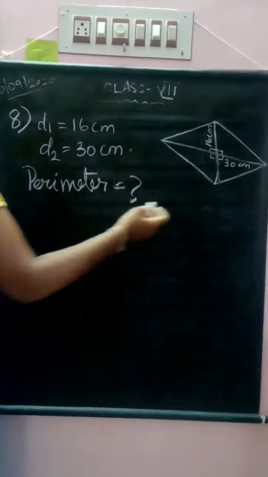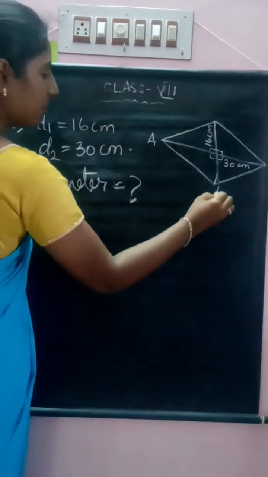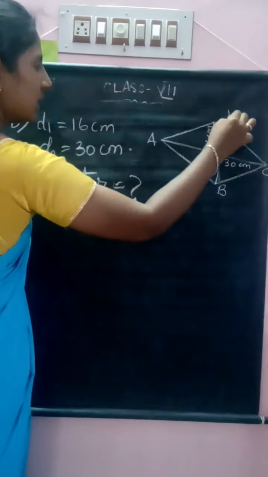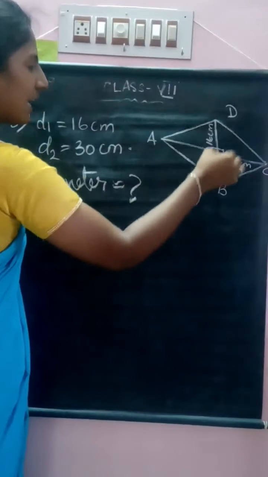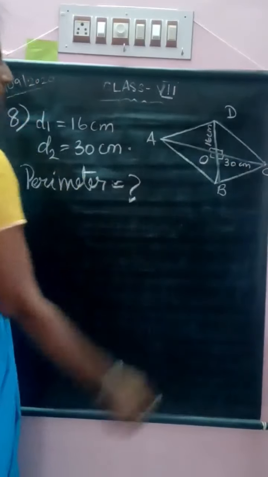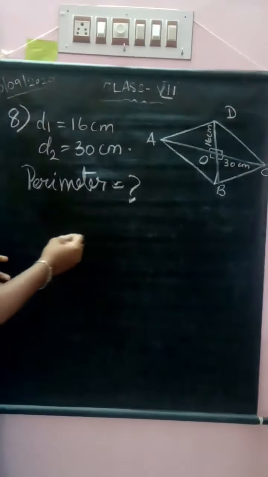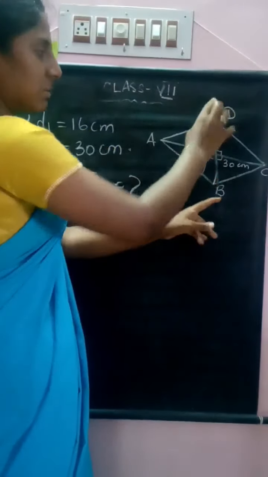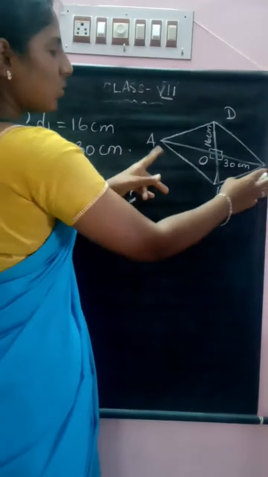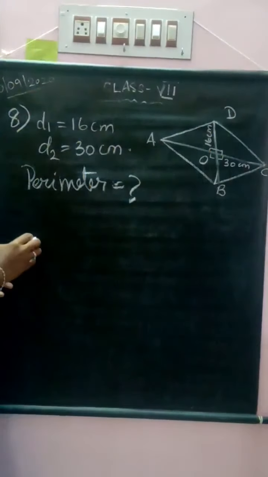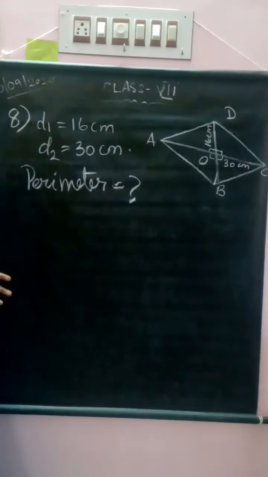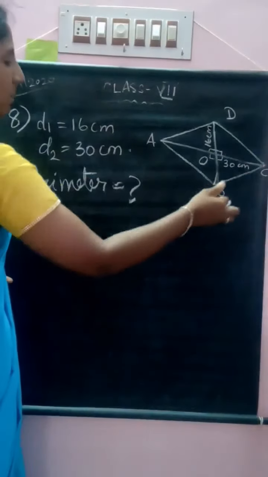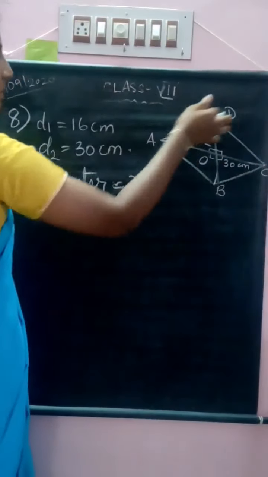So let me name this as A, B, C, D, and this point where the diagonals meet as O. Now if you consider this DB, it is totally 16 centimeter, and this AC is totally 30 centimeter. Now we have to find what is the perimeter, that is AB plus BC plus CD plus DA.